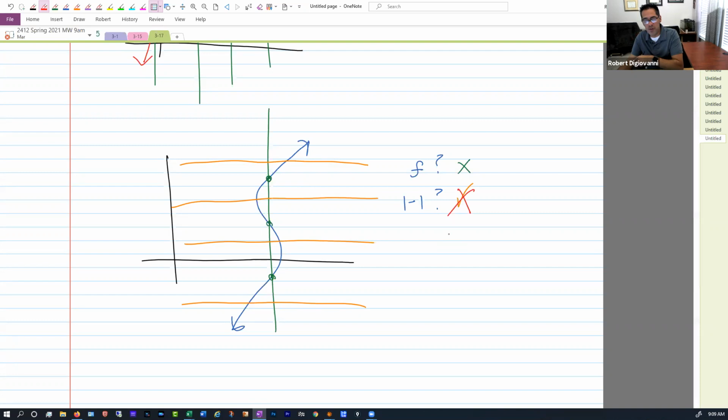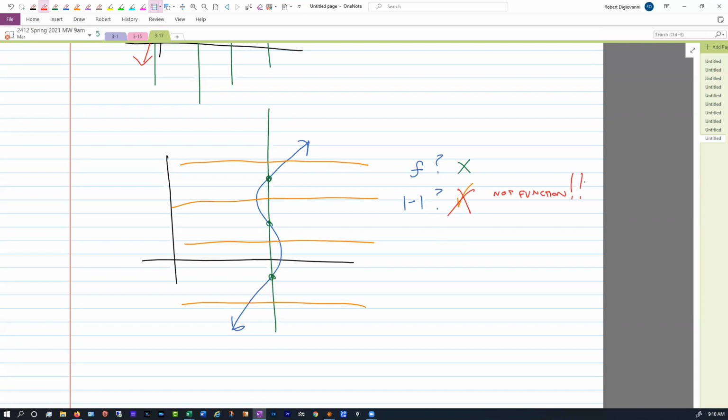You can only call a function a one-to-one function. If it's not a function to begin with, you can't call it one-to-one.